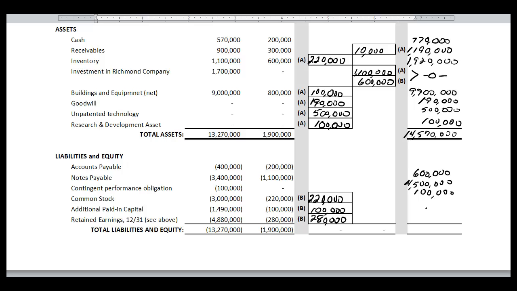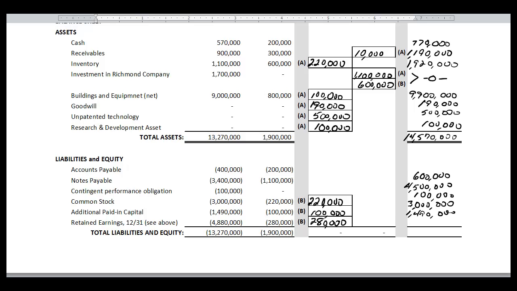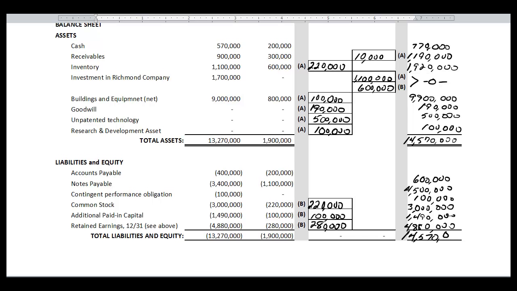And then basically I'm just going to show, because I've eliminated the Richmond equity amounts, I'm just going to show my equity accounts for Miller. And then in total, I have $14,570,000.